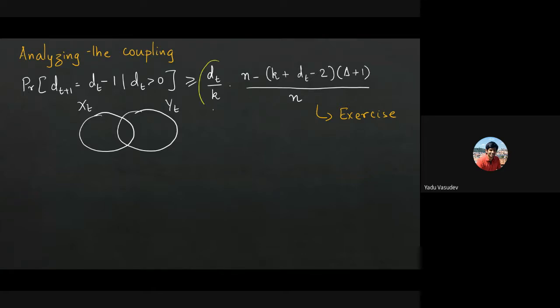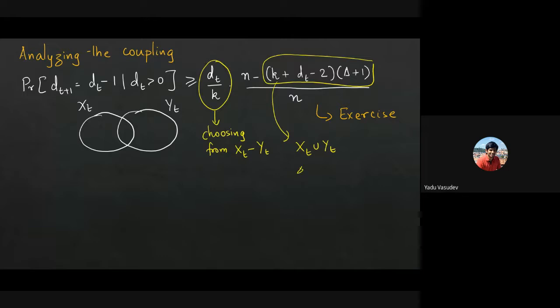So this is like choosing from Xt minus Yt, right? And so now here what you want to say is that you don't want to consider Xt union Yt and the neighbors of Xt union Yt minus these two vertices v and pi v, right?